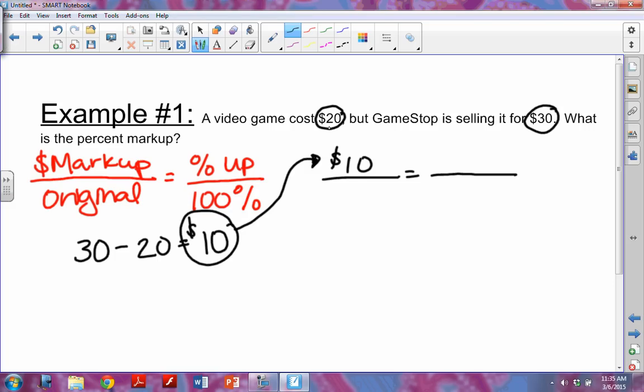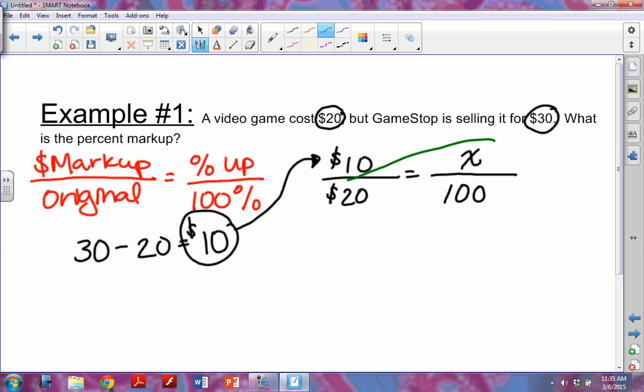It was originally 20, so I'm going to put it over the 20, is equal to, we're trying to find the percent markup, so do we even know what that is? Nope. So I'm going to put an X there, and then it's always out of 100%. So here's the easy part.